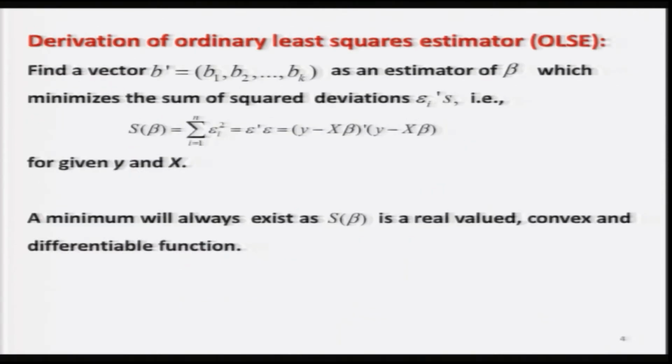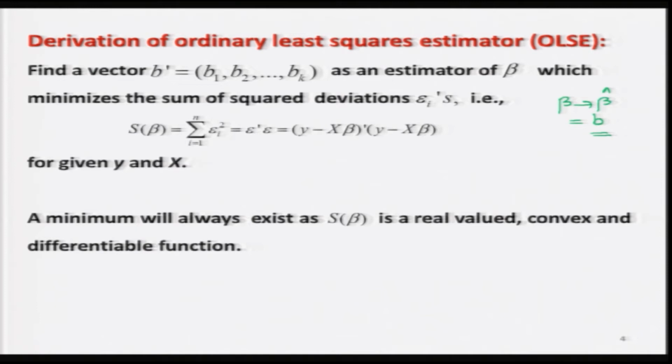Now, the estimator of beta, suppose I denote this is my parameter and this is being estimated by beta hat, and the ordinary least square estimator of this beta, which is beta hat, is going to be denoted by the symbol b. I am using the symbol b, not beta hat, because I want to extend the same symbol that you have used in the case of the simple linear regression model. Right.